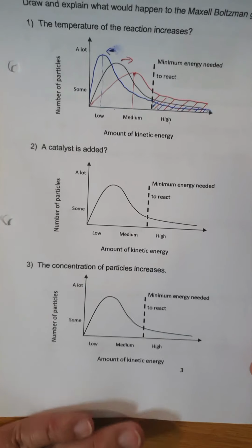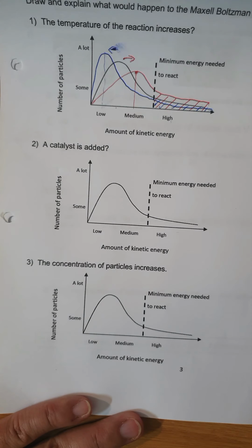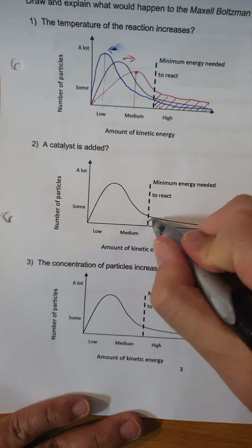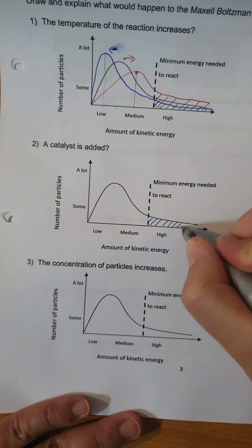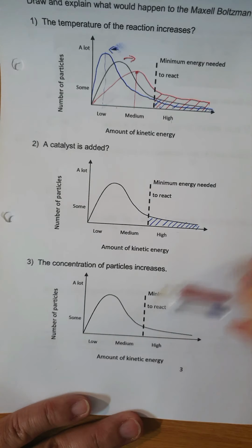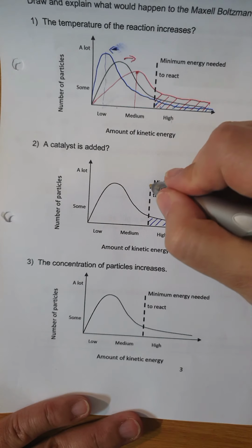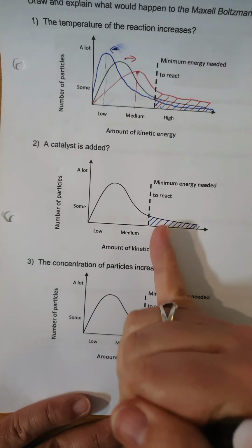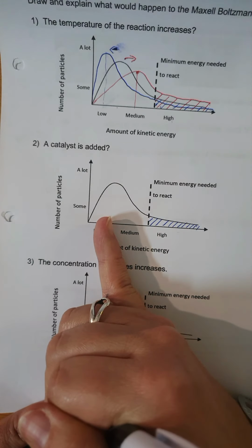Adding a catalyst. If you remember, we said adding a catalyst does something. Can you remember? It lowers the activation energy. Again, the area under the graph here shows the particles that have enough energy to react. But now I'm lowering the activation energy.